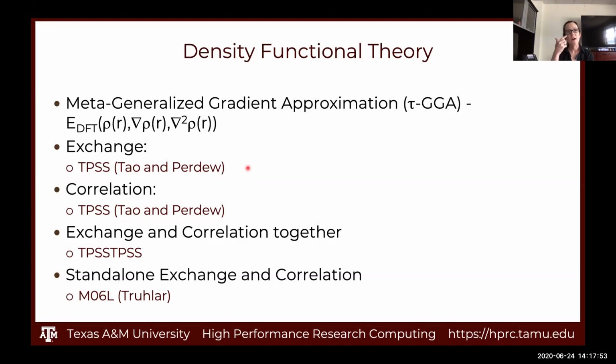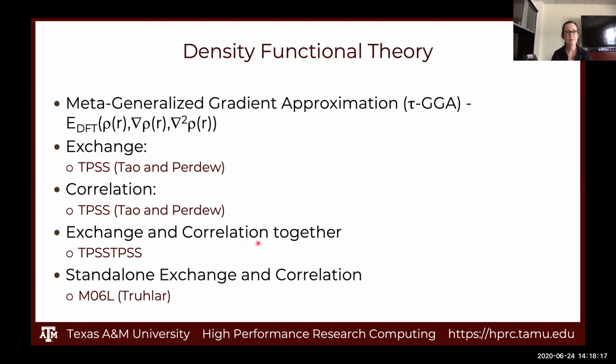Okay, so after that was the development of the meta-generalized gradient approximation, or meta-GGA. And this includes not only the gradient of the density, but also the Laplacian of the density, the second derivative of the density. Okay. So a common exchange term for this is TPSS. The common correlation is TPSS. So you put them together, it's TPSS TPSS.